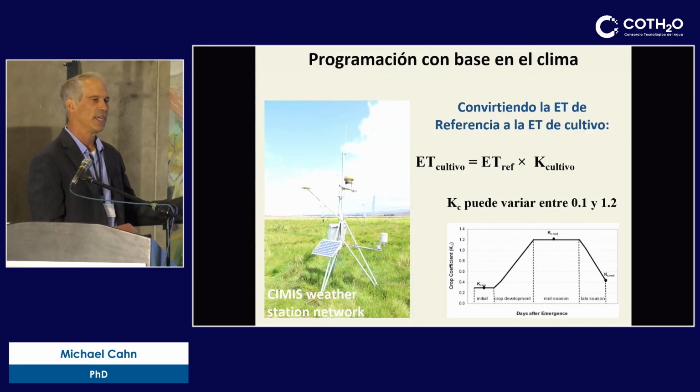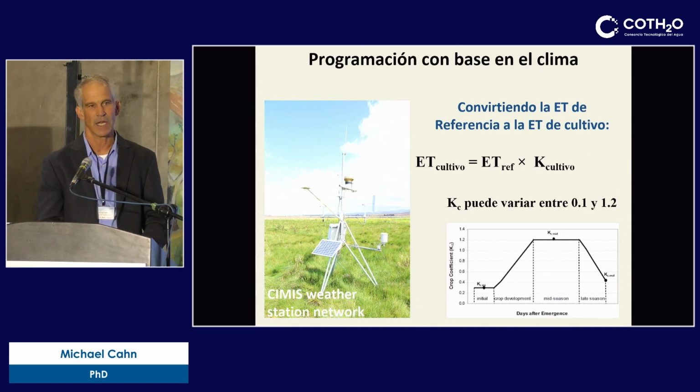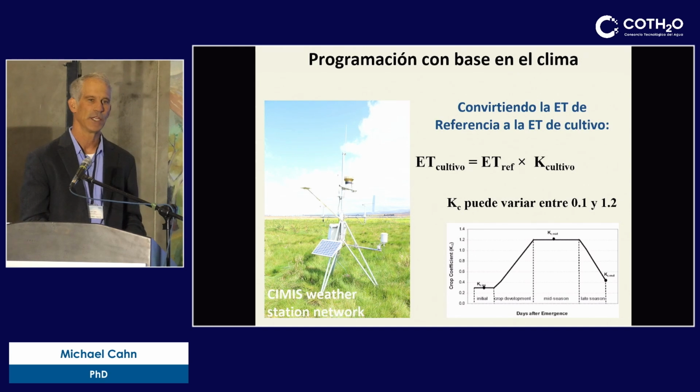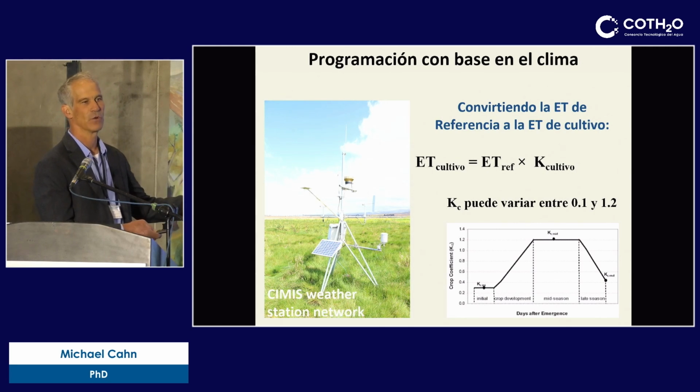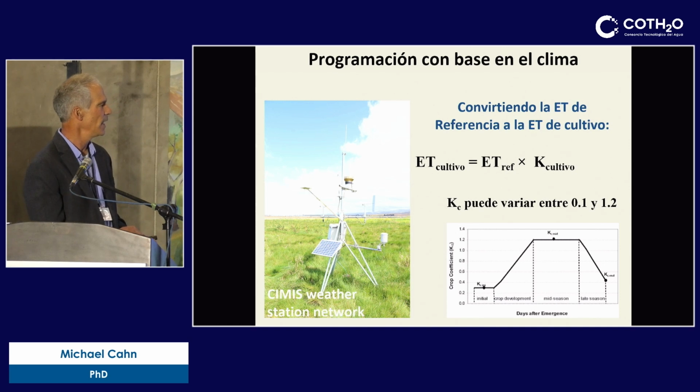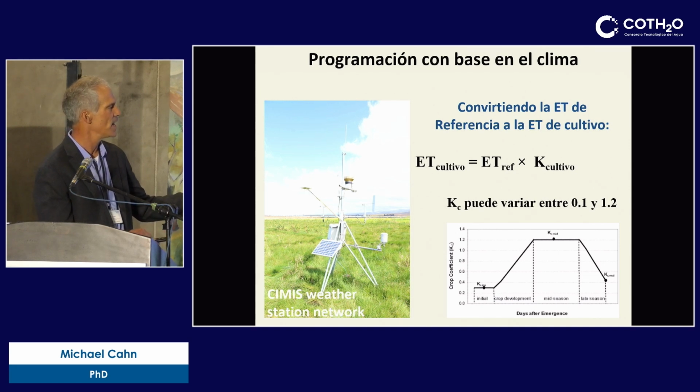But using weather-based methods is a little complicated, and one of the issues is we get evapotranspiration data. It's a reference number based on well-watered grass, if the weather station is set up correctly, and we have to adjust that number based on a crop coefficient.